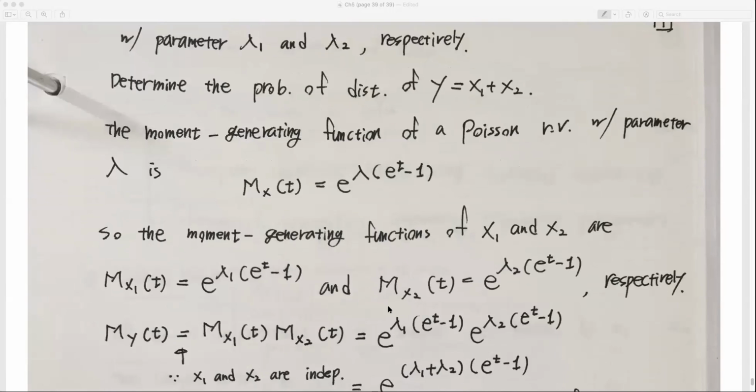So M_X1(t) is e to the lambda 1 times (e to the t minus 1), and M_X2(t) is e to the lambda 2 times (e to the t minus 1).